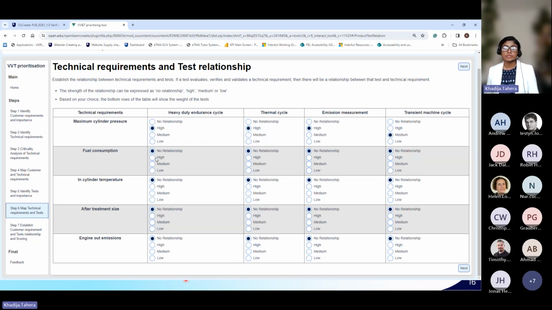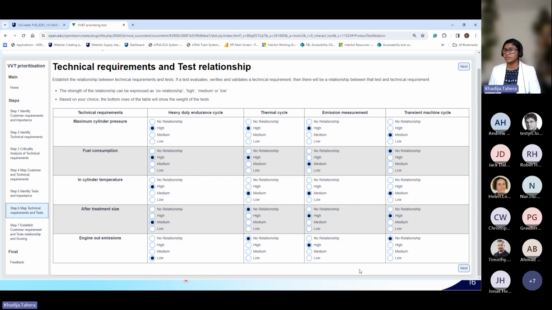And then fuel consumption, I'm going to put the value I have got, 99 medium, and then no relationship, maybe, which may not be the representative value of what you have said or seen. And then there is a low relationship, no relationship, a high relationship, and then no relationship.